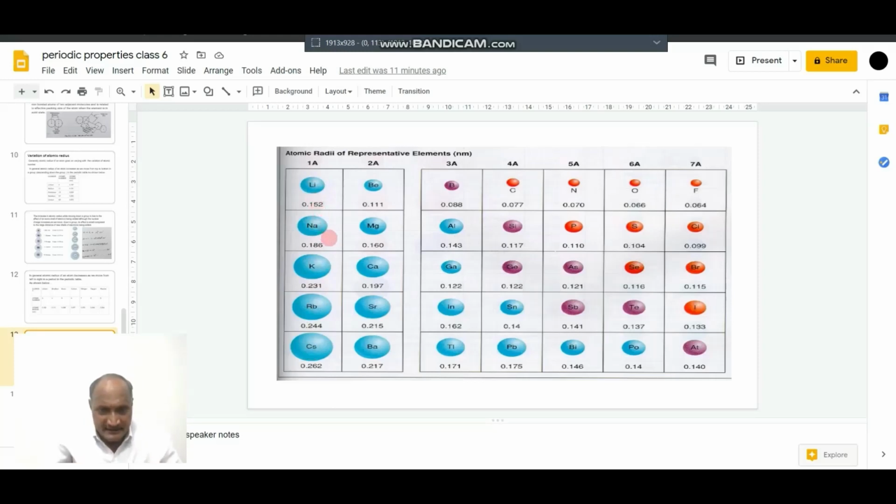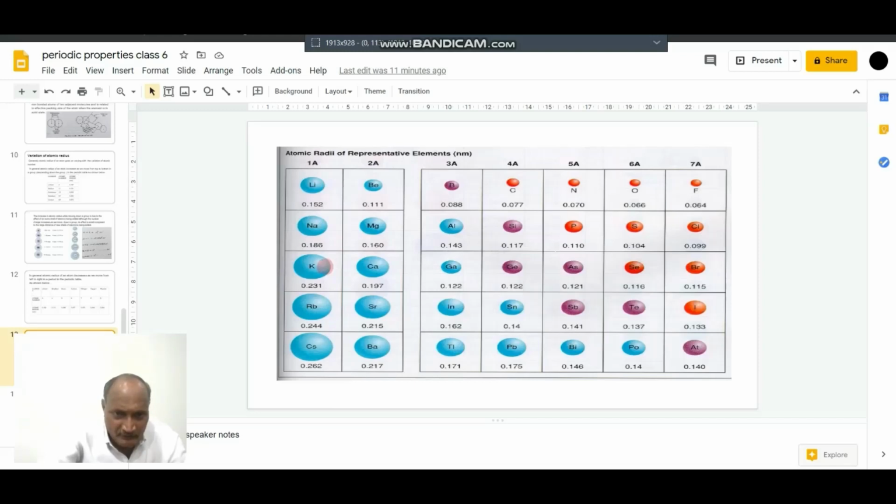There is a regular increase in the atomic number, and also a regular addition of an extra shell of electrons from lithium to sodium.